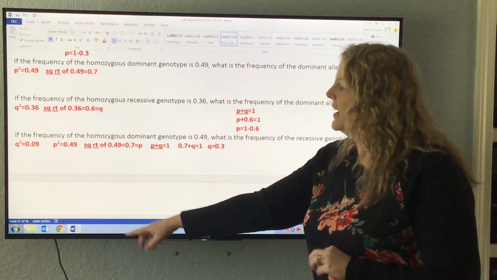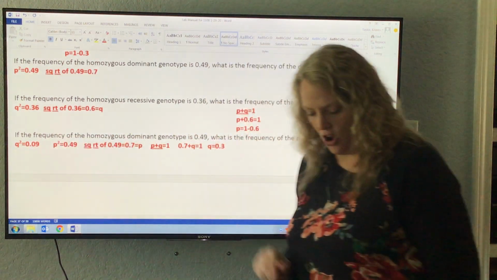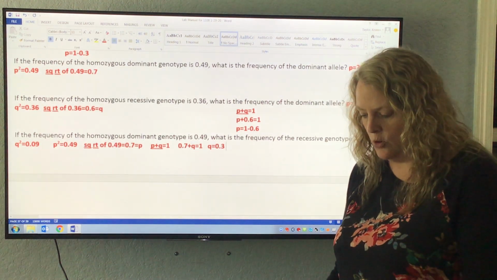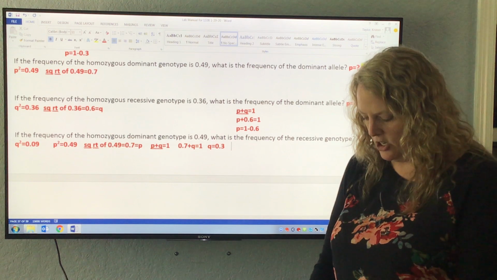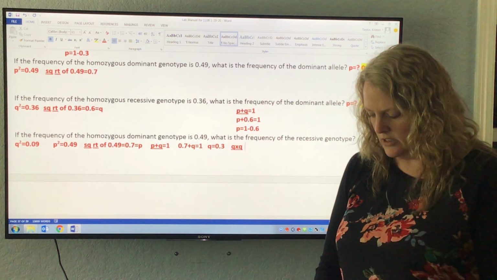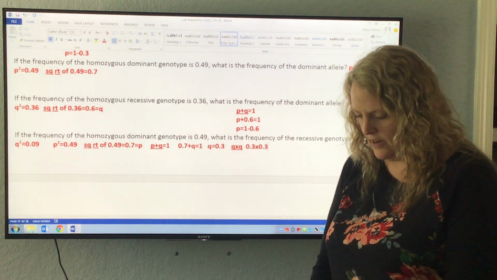My final answer is Q squared, so I have to multiply the Q twice. It's going to be Q times Q, so 0.3 times 0.3.